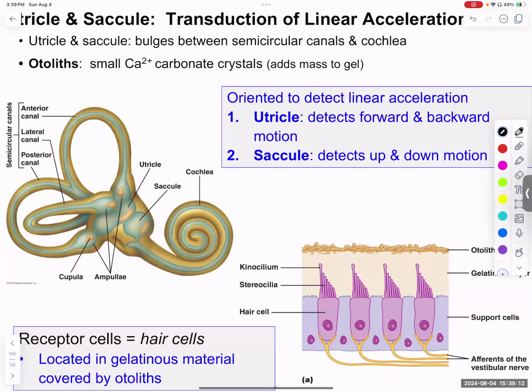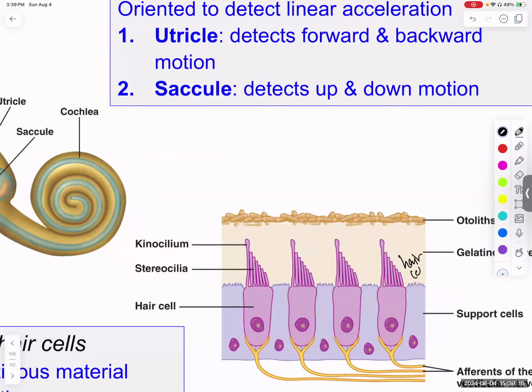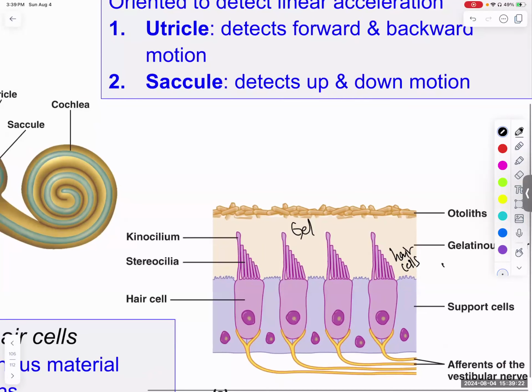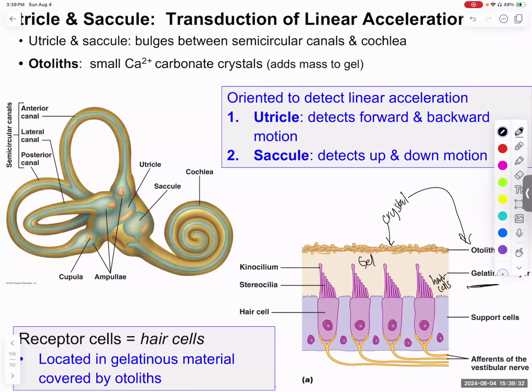The utricle and saccule are similar in that you have hair receptors, but they're embedded in a gel. So there's this gelatinous gel, and then on top, you have crystals called otolith crystals. And so these hair receptors are located in the gelatinous material and covered with the otoliths.